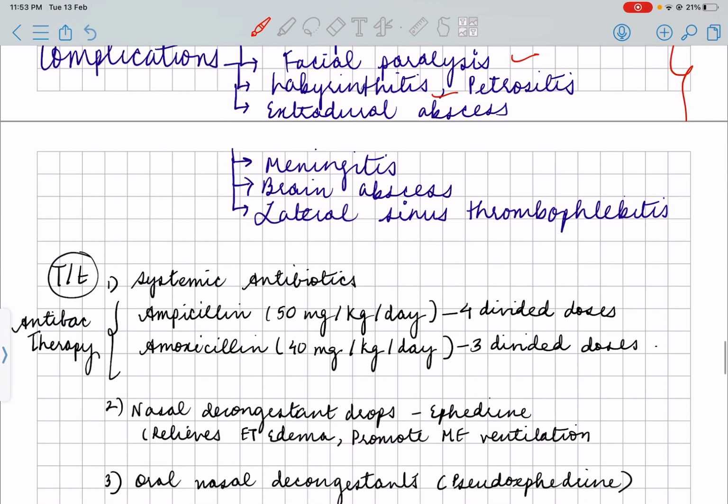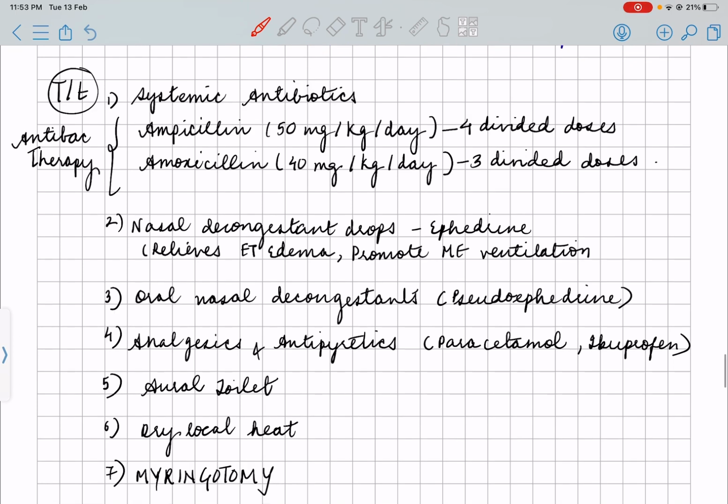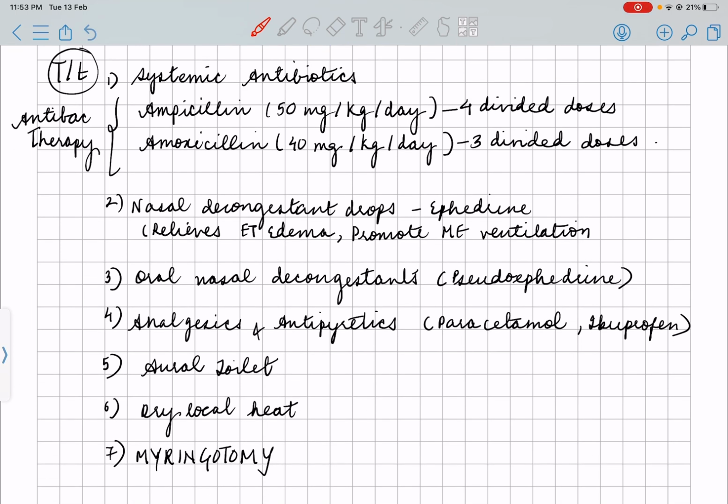Coming to the treatment, we are going to just have a brief overview of the treatment. So the treatment includes systemic antibiotics, ampicillin and amoxicillin. We have mentioned the doses here: 50 mg per kg per day for ampicillin and 40 mg per kg per day for amoxicillin.